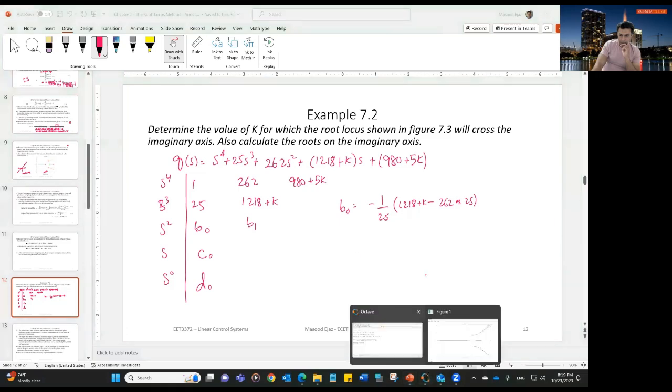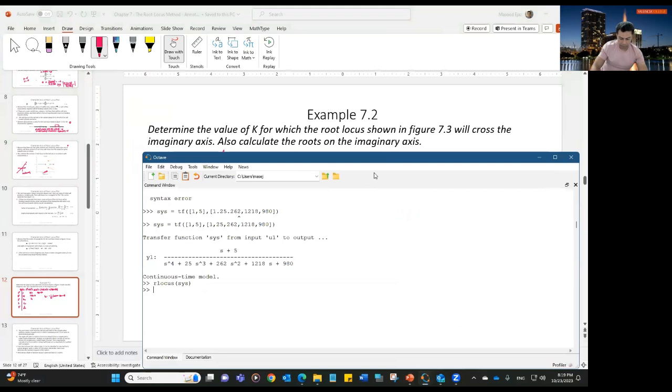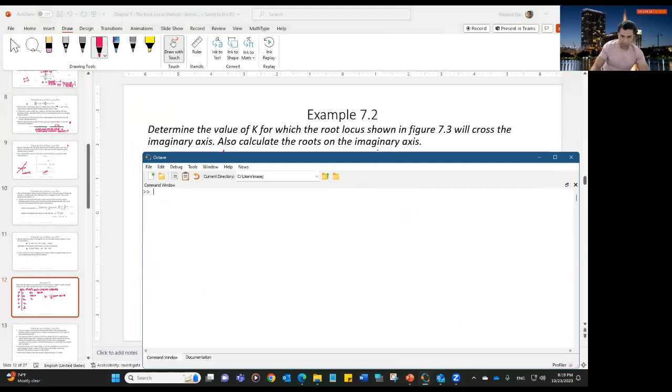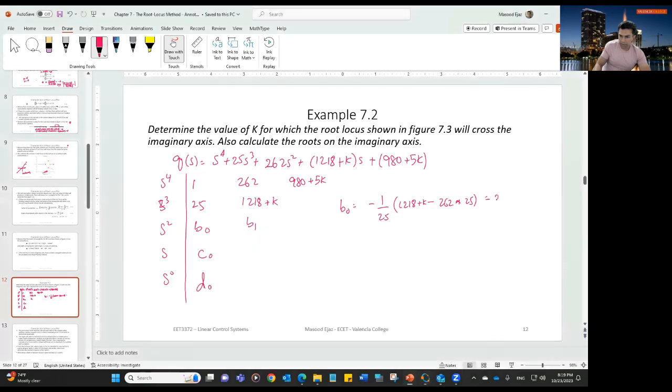Let me calculate that real quick. It's going to be in terms of K. So I have 262 times 25, and this is 25, so that's going to be 262 minus (1218 plus K) over 25.